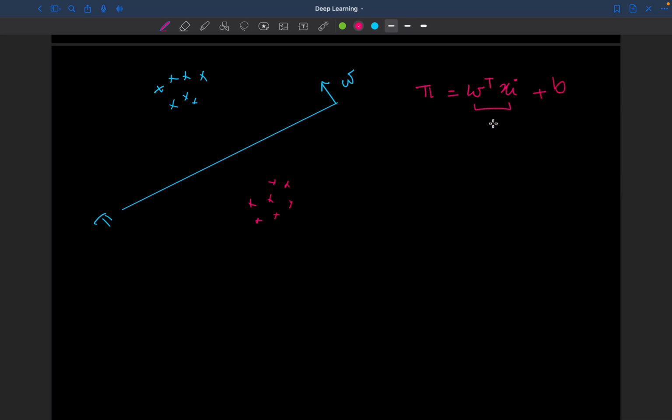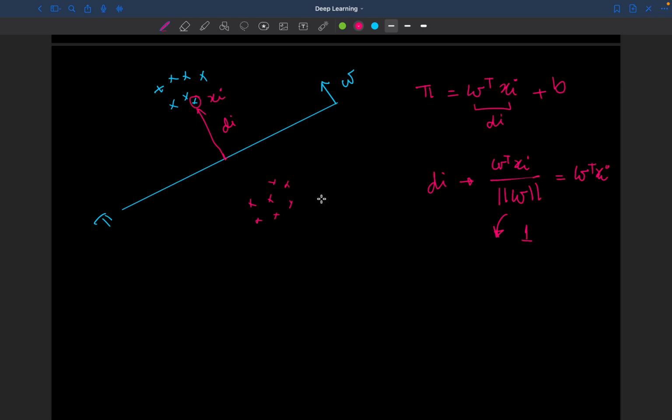Actually w transpose xi is di, the distance from the plane to the point xi. We can show the distance as w transpose xi divided by the norm of the normal. Since it's a unit vector, its value is 1, hence it's just w transpose xi.